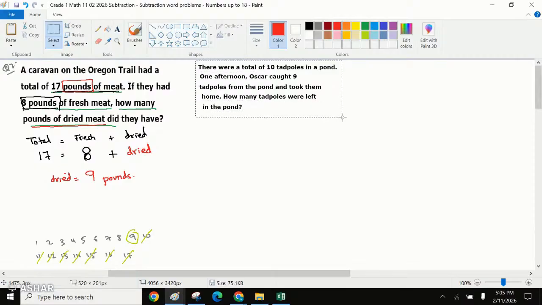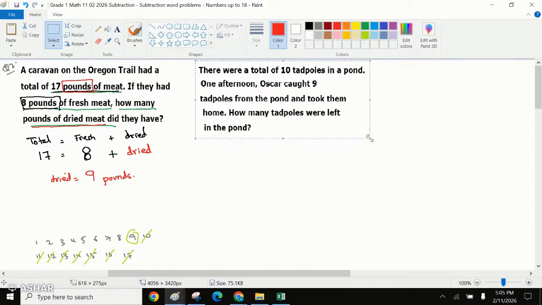Okay, the question says, question number 3. It says there are a total of 10 tadpoles in a pond. Oscar caught 9 from the pond. How many tadpoles were left in the pond?